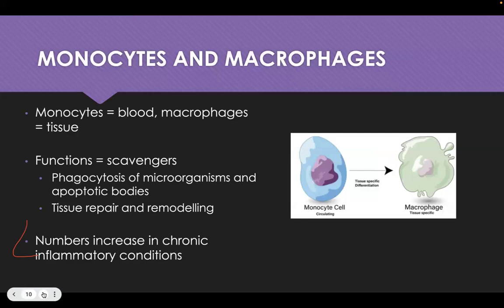And it says here at the last point, numbers increase in chronic inflammatory conditions. So in chronic conditions such as rheumatoid arthritis or long-term cardiovascular disease, you can see an increase in monocytes. So it's just highlighting that they're more in the long-term immune response.